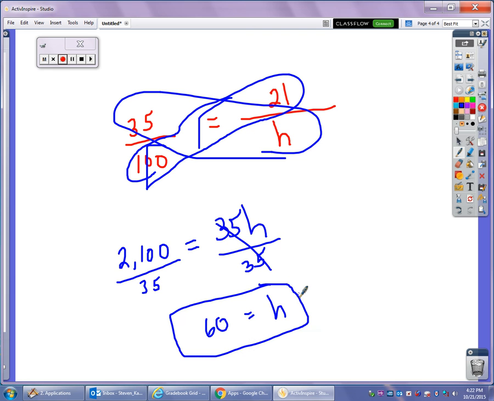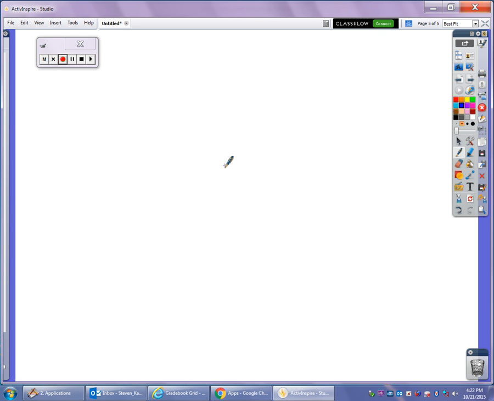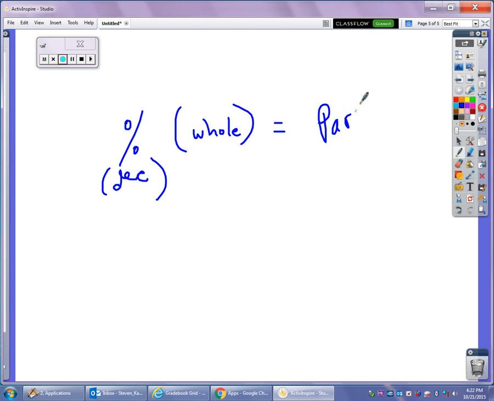Now the last part, the equation, is something we haven't done yet in class, but you're going to eventually do it. And to write an equation, all you have to remember is it's percent, but as a decimal, times the whole will always get you the part. So because we already did this problem, we could fill in the information.